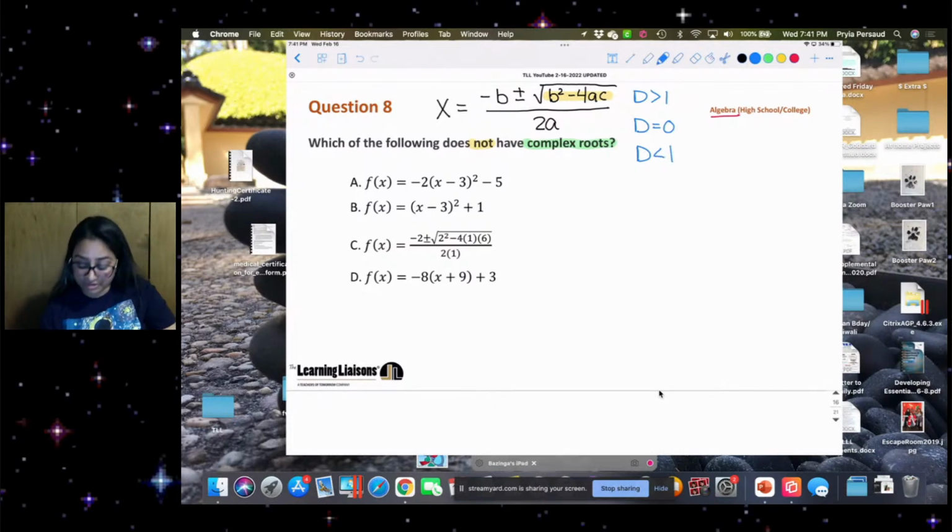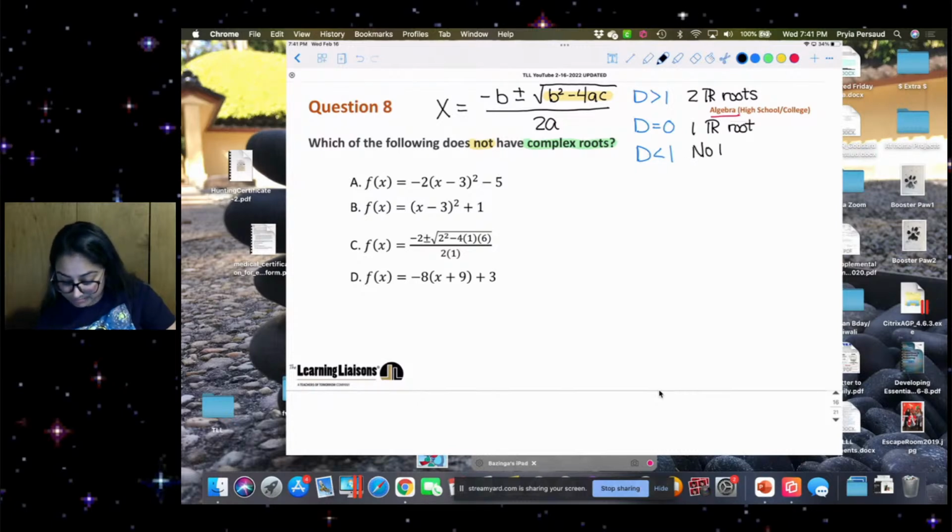If it's greater than 1, I'll get an answer of 2 real roots. If it's equal to 1, I'll get an answer of 1 real root. And if it's less than 1, I'll actually get no real roots, which means they are complex roots. So I'll get 2 complex roots.